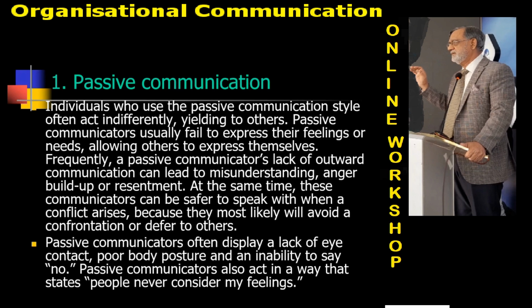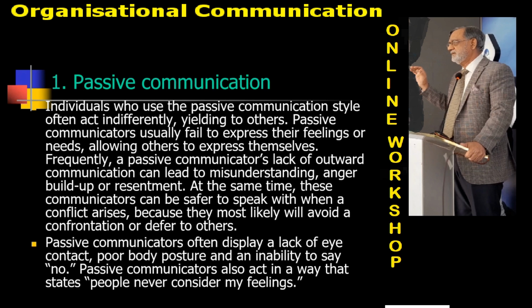This happens at times when parents are snubbing the children for doing something wrong, and the children just do not speak. But one can make out, obviously, that they are listening to us. So frequently, a passive communicator's lack of outward communication can lead to misunderstanding.